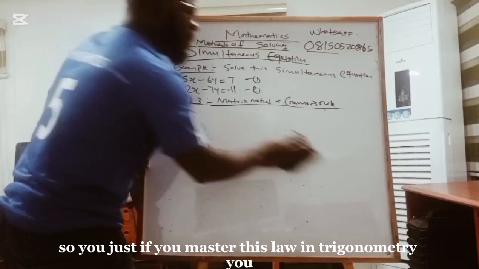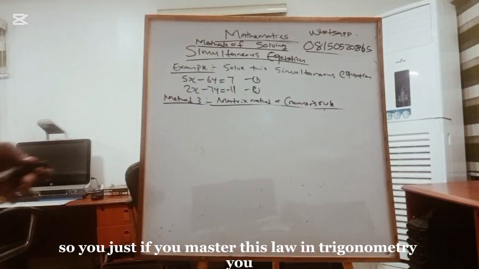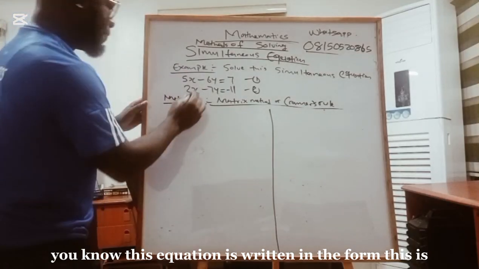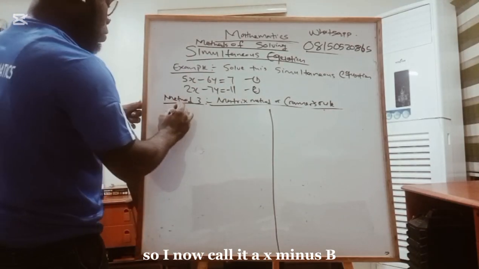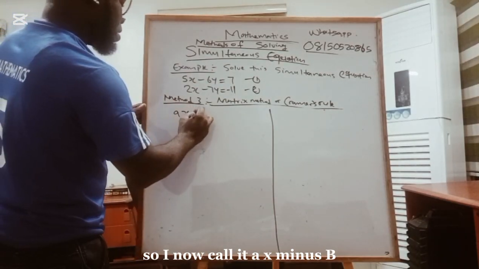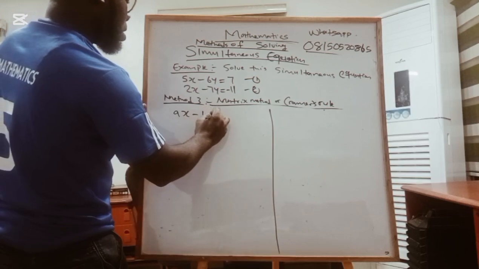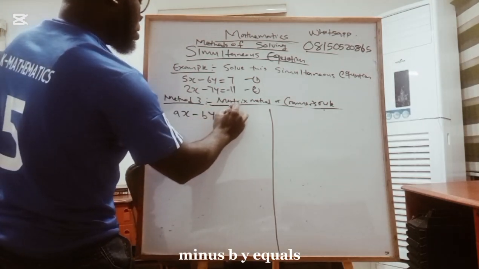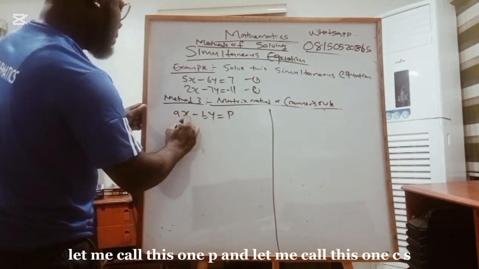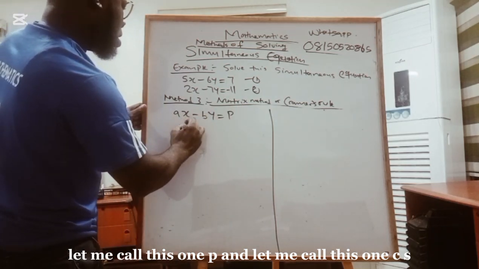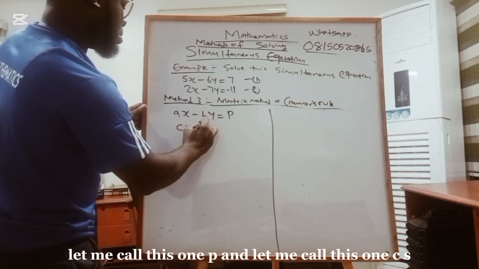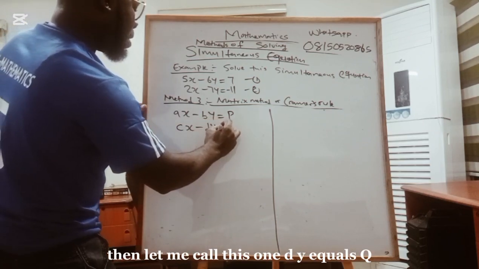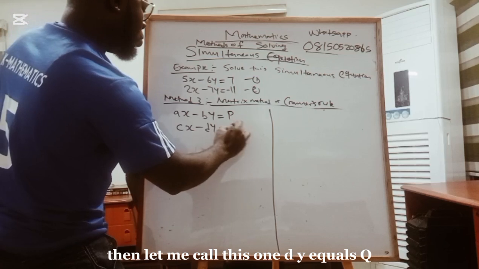So if you master this law, it's still Cramer's rule, it will be easier. You know this equation is written in the form ax minus by equals p, and cx plus dy equals q.